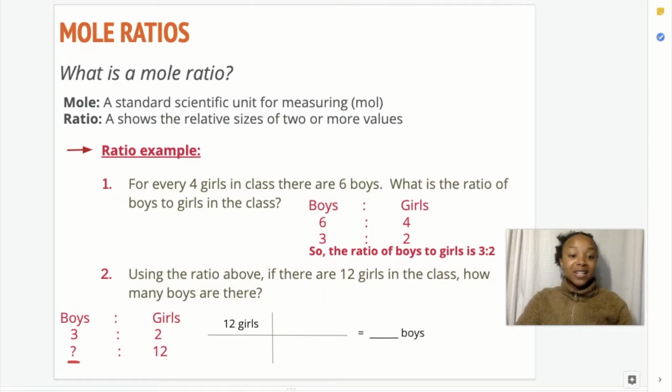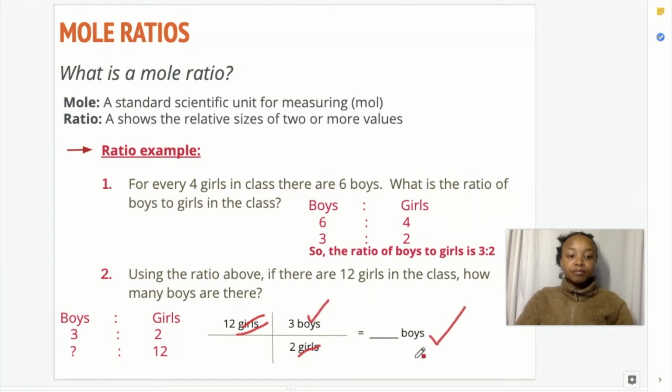So if I want to get boys out, do you think I'm going to put girls on the top or on the bottom so that I can cancel out the unit girl? Right, I'm going to put it on the bottom. So I'm going to put my 2 girls on the bottom, and therefore I'm going to put my 3 boys on the top. These units cancel. Girls cancel, and I'm just left with boys, which is what I need.